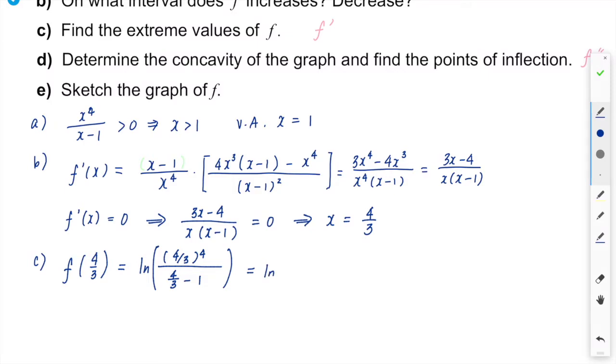This is ln of 4 to the power of 4, and then 3 to the power of 4. Wait, hold on. No. Okay, so what's 4 to the power of 4? 64 times 4. 256 over 27. Okay.